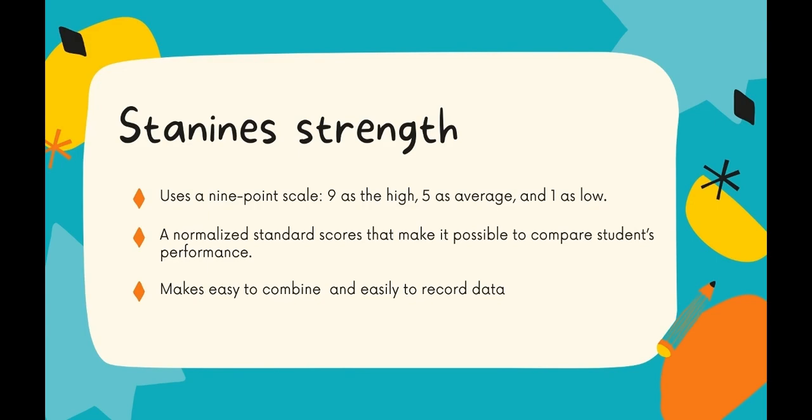Second, stanines are normalized standard scores that make it possible to compare students' performance on various assessments. Third, it makes it easy to combine different types of data because it is computed from percentile ranks but expressed in standard score form. And it is easy to record because it uses a single-digit score and takes up less space than other scores.